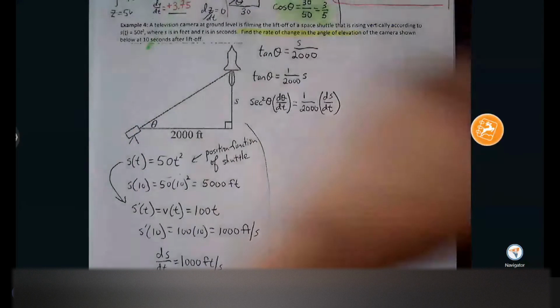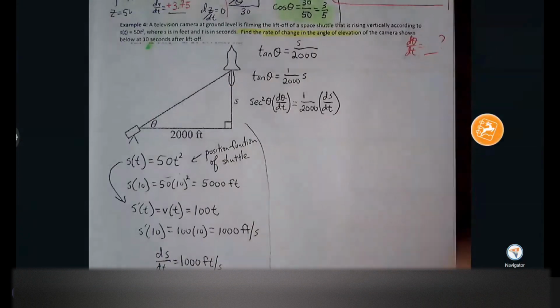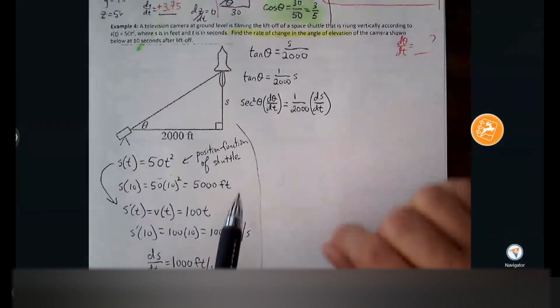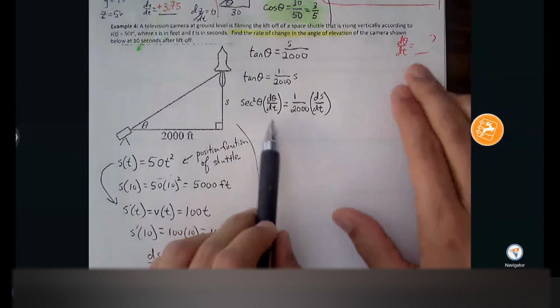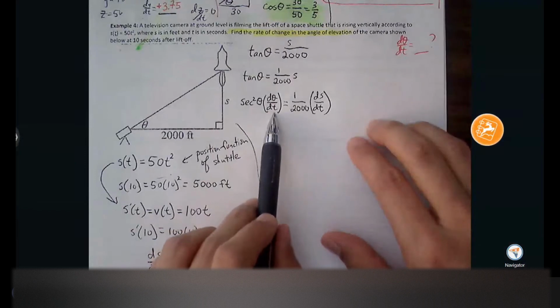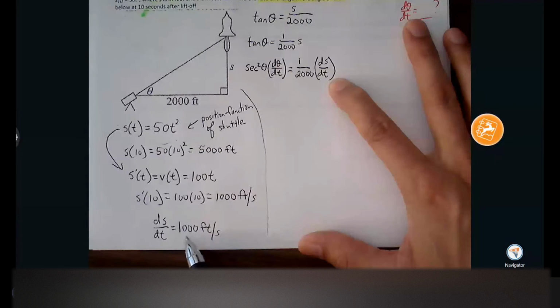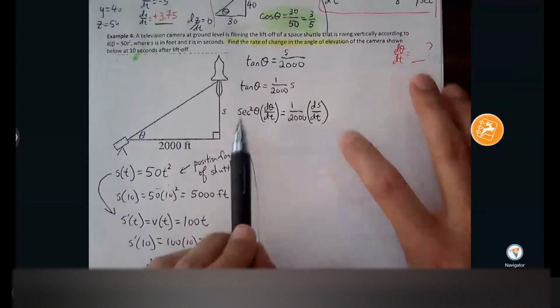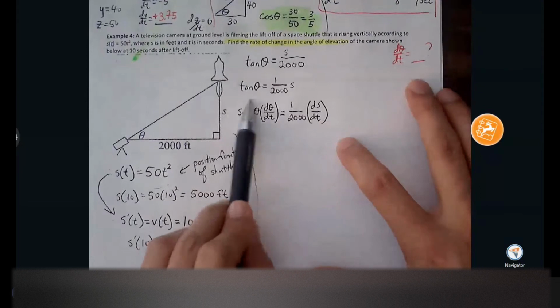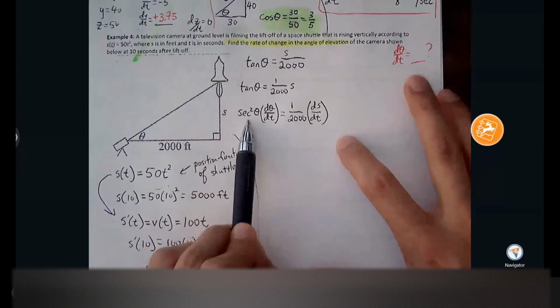We're trying to find d theta dt. So that's still the variable we're looking for. ds dt, we found that the velocity of the space shuttle is 1,000 feet per second, and now we have to build our second triangle to figure out what secant squared theta is, right?